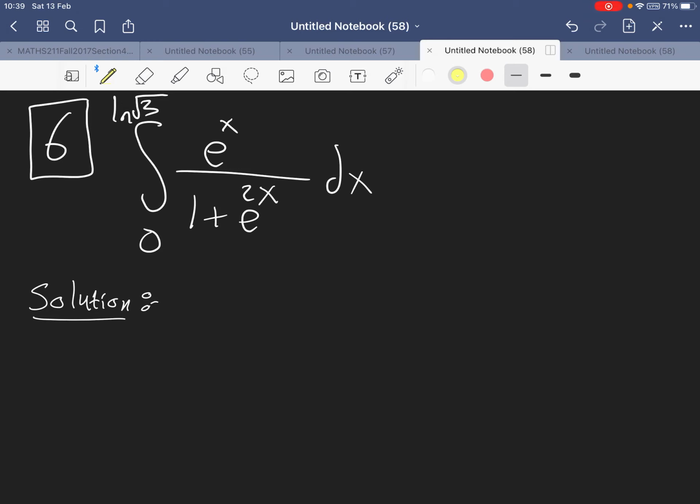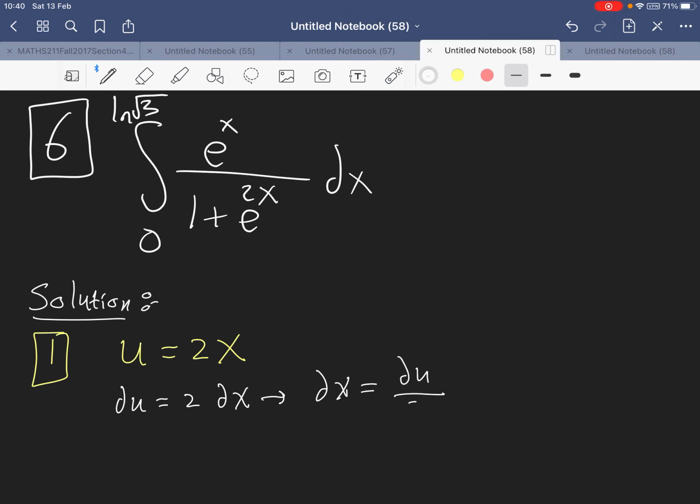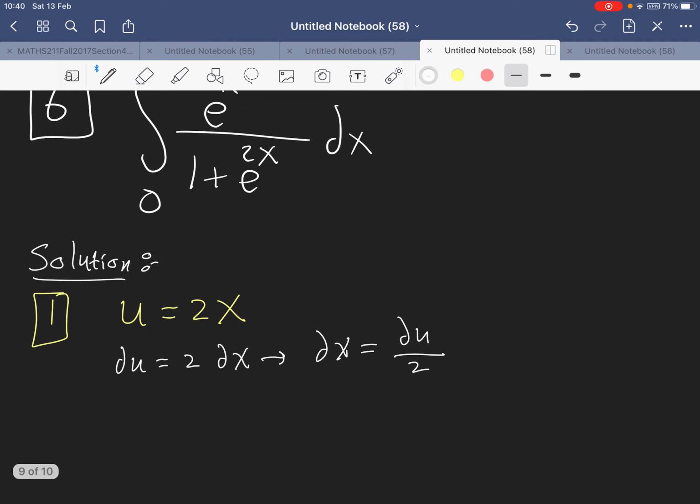So this is solution number 1, u equals 2x. And so du is just 2dx and dx equals du over 2. Now, if we do the substitution, we get e^x over 1 plus e^(2x) dx.